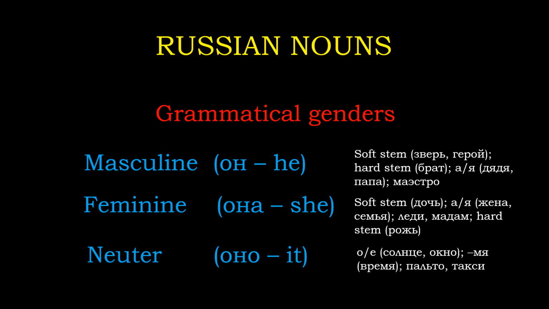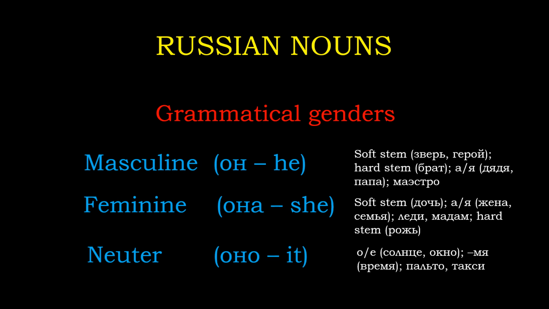So you need to know that all Russian nouns, except those we use just in plural, we can split into 3 groups according to the grammatical genders. Let's start with masculine grammatical gender. This category includes all the nouns with hard stem without endings. For example, брат.